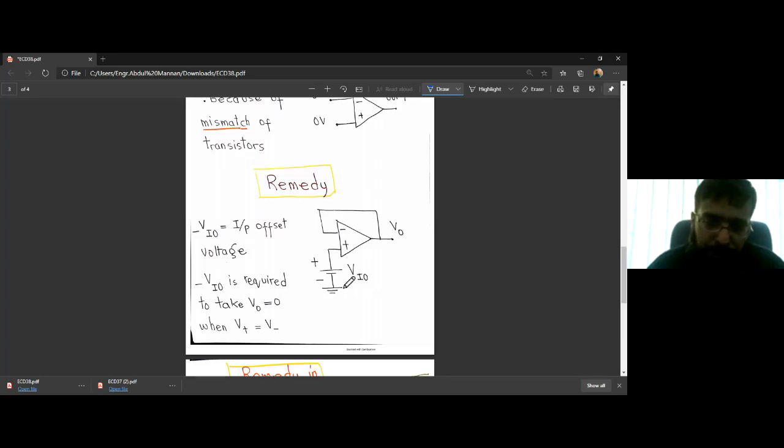And we adjust this VIO, the input offset voltage, to make the output voltage equal to 0. So VIO is the required DC voltage for this voltage follower circuit, for example. We require this voltage VIO at the non-inverting input. We adjust it and make the output Vout equal to 0.